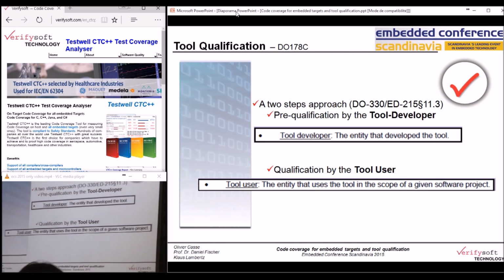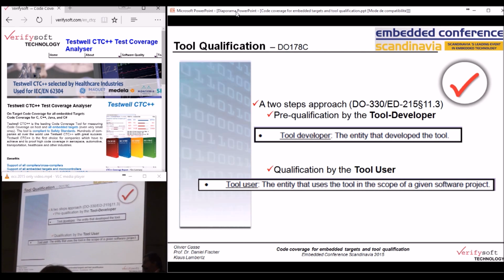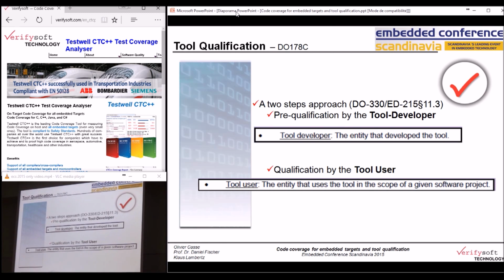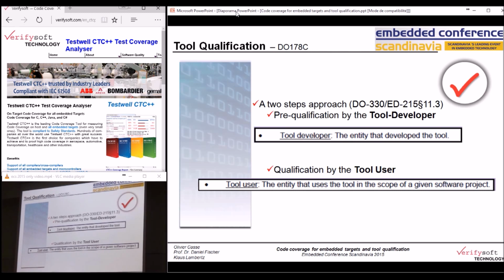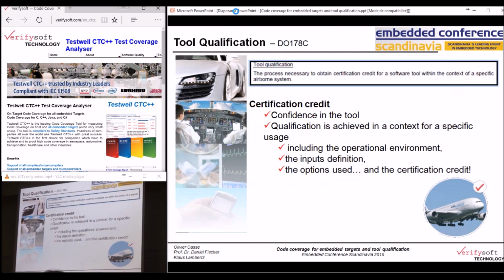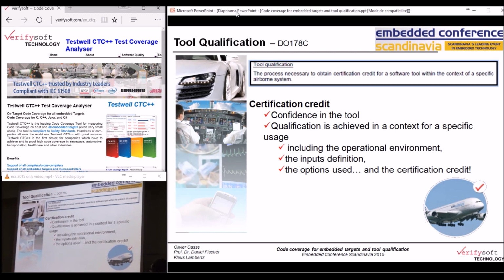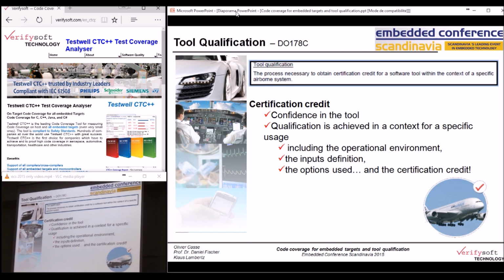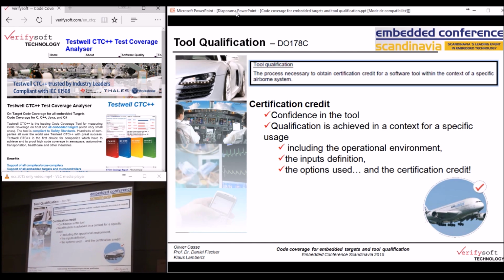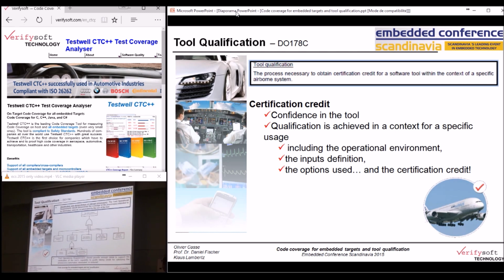And the other one is related to the user, because each project has a specific setup, specific usage of the tool, and you need to describe precisely how you use the tool to prove that you use it correctly, and the tool provides no defect. So various credit can be obtained by using confidence in the tool and specifying what you're using for inputs, etc. I won't go further into those details.